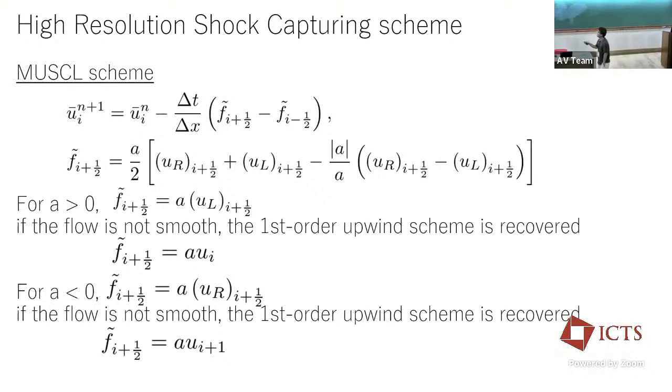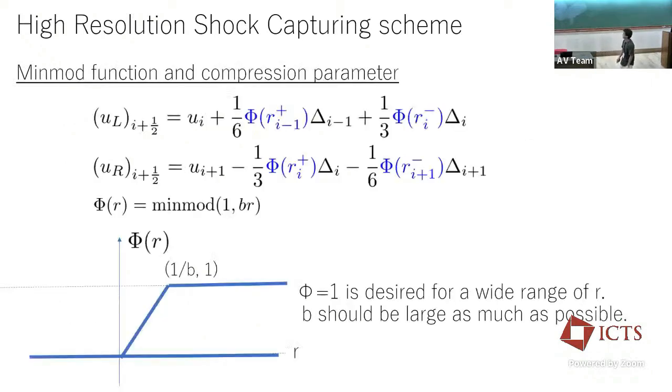If the flow is smooth enough, then UL or UR contains the information for the higher order profile. So then you can get the higher order numerical scheme. This is the essence of the MUSCL scheme.